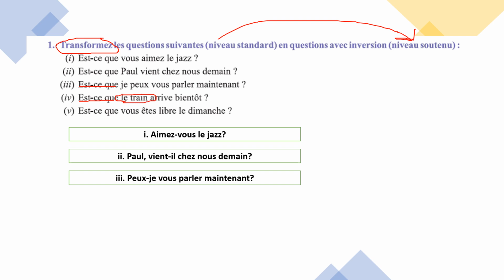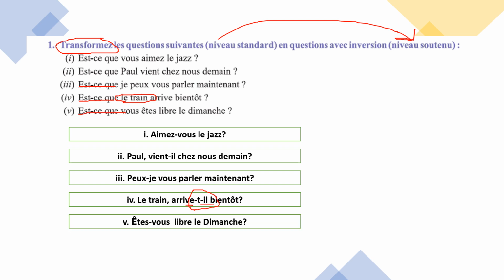I replace the noun with il because it is le train. And now I invert the pronoun. Okay? Now look at this. Can you see this? Why is this there? Because the e is a vowel, il is a vowel. You can't remove it. You're high class, right? So you put hyphen t hyphen in between. Whenever there's a vowel clash when you invert, put hyphen t hyphen in between. Alright? Last one, est-ce que, remove it. Êtes-vous libre dimanche? Are you free on Sunday? I hope that's clear.